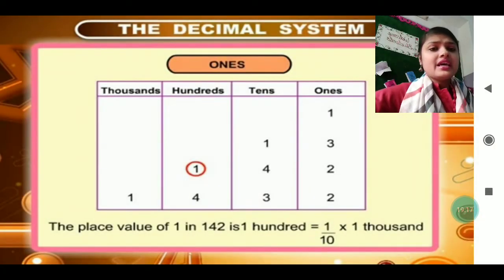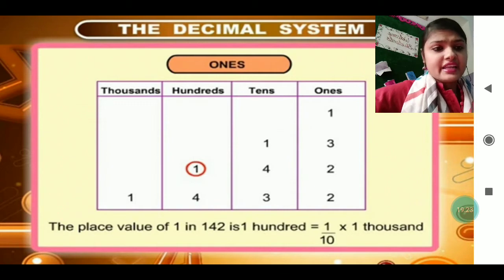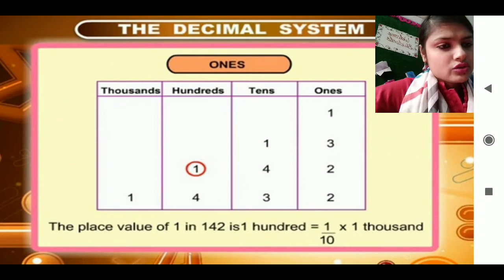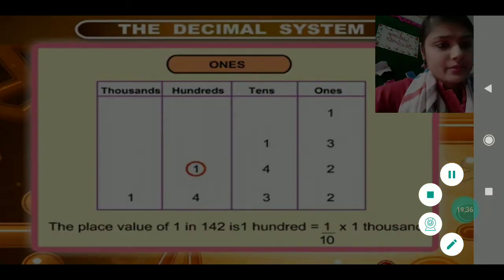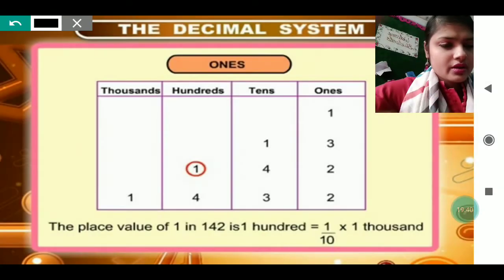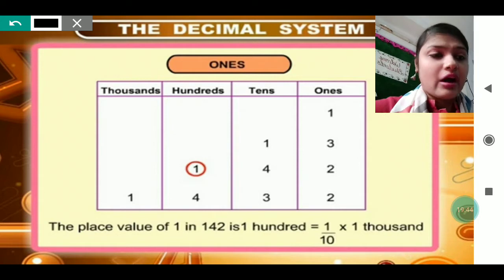In the same way, the place value of 1 in 142 is 100, which means 1 by 10 into 1000. See, don't get confused, 1 by 10 into 1000 is written.